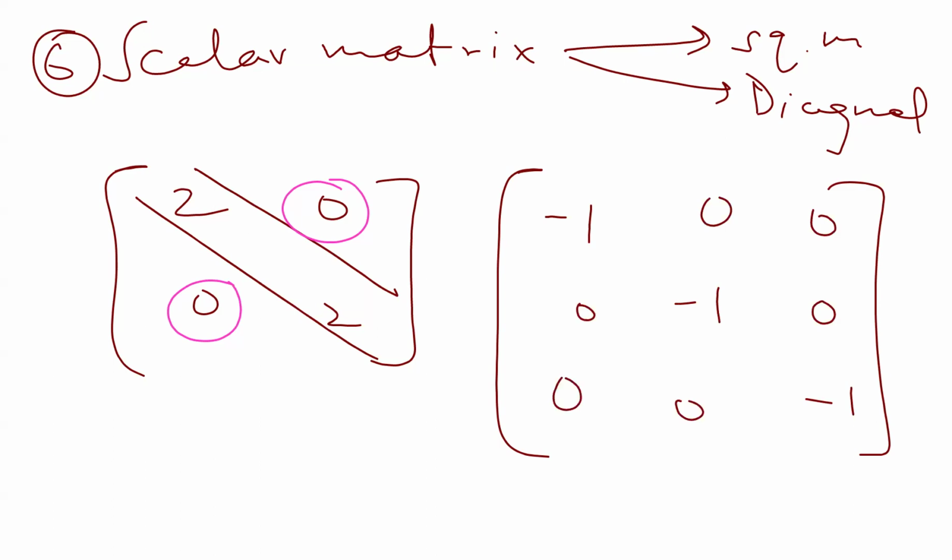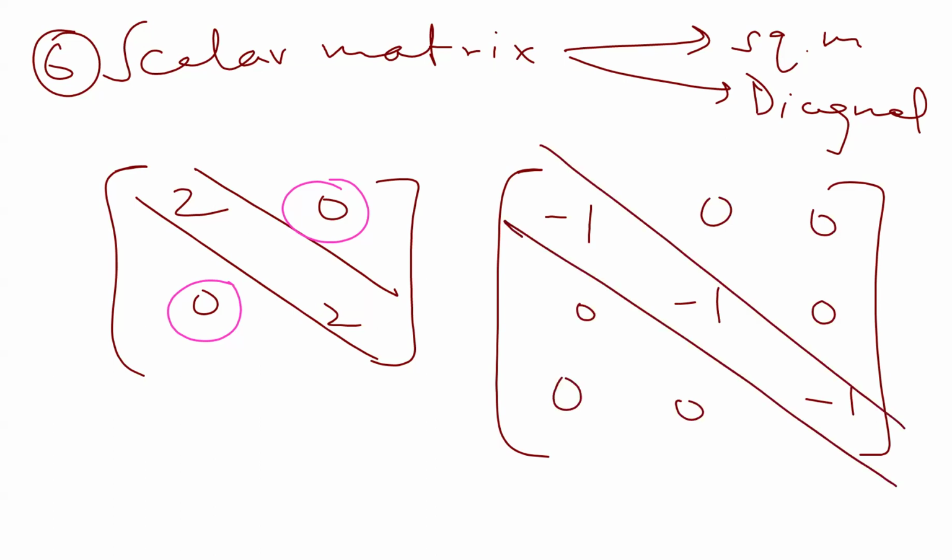Is this a diagonal matrix? The answer is yes. Because the diagonal elements are the same, the non-diagonal elements are zero. And even if one number is different, like -1, +1, -1, it's not a scalar matrix.